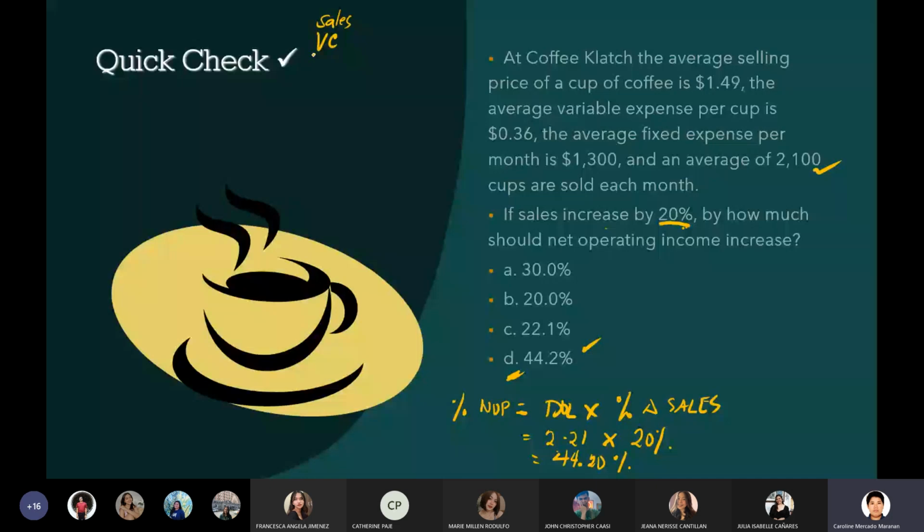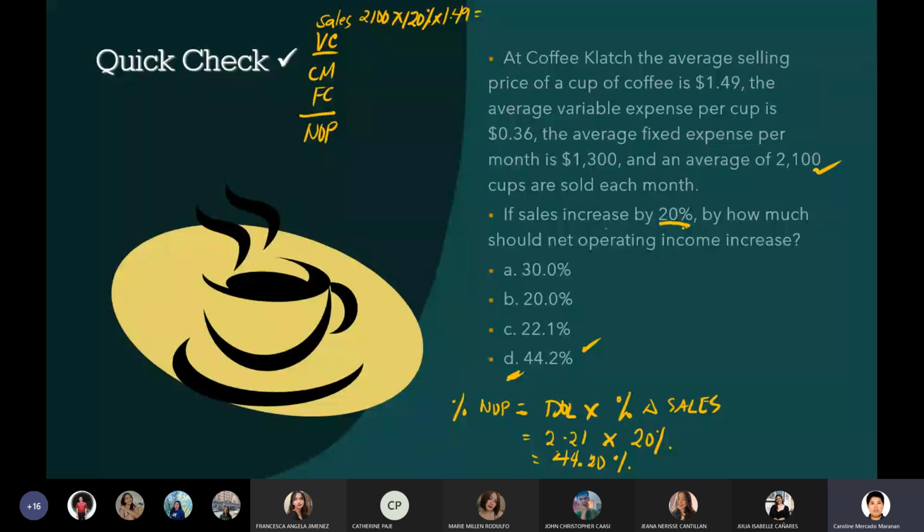Our sales will be 2,100 times 120% times 1.49. How much is 20% of 2,100? You have 2,100 times 0.2, that's 420 plus 2,100, so it becomes 2,520.